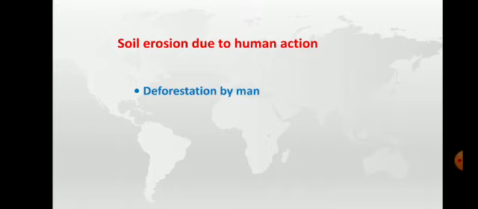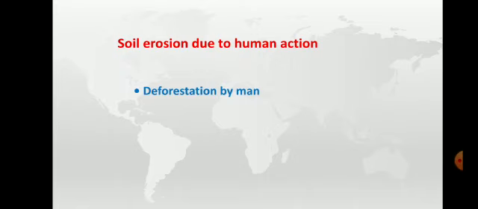As you know, human beings cut down all the trees for various purposes. In the outer Himalayas and the western and eastern Ghats, all these mountain areas, human beings deforest the forest. When these areas receive heavy rainfall, soil erosion takes place here. Soil erosions like sheet, rill, and gully erosion take place here.